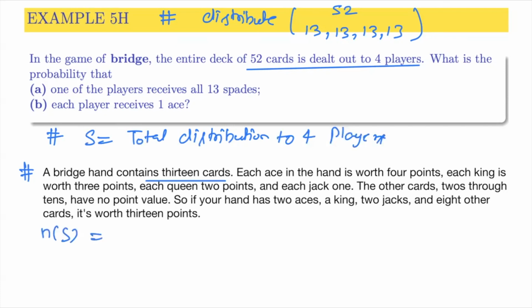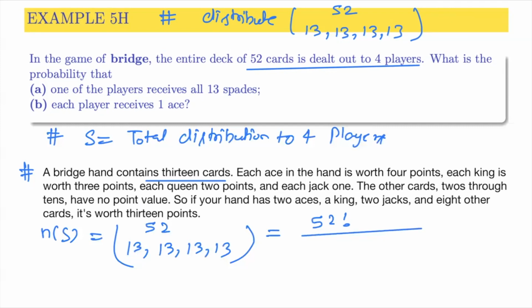My nS is going to be 52 distributed to 13, 13, 13, 13, and that is all. Order is important here. If you wish to calculate it, it will be 52 factorial divided by 13 factorial, 13 factorial, 13 factorial, 13 factorial, or you can write 52 factorial divided by 13 factorial to the power 4. I hope no issues are there.